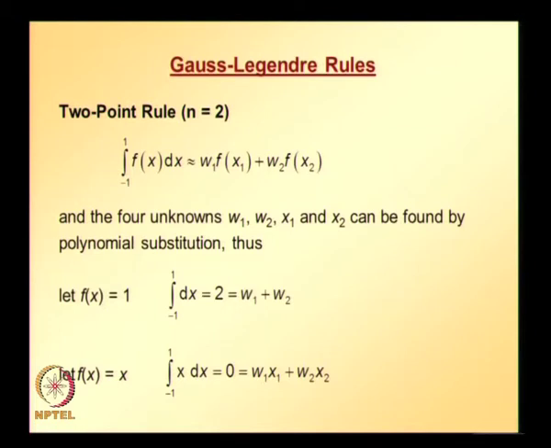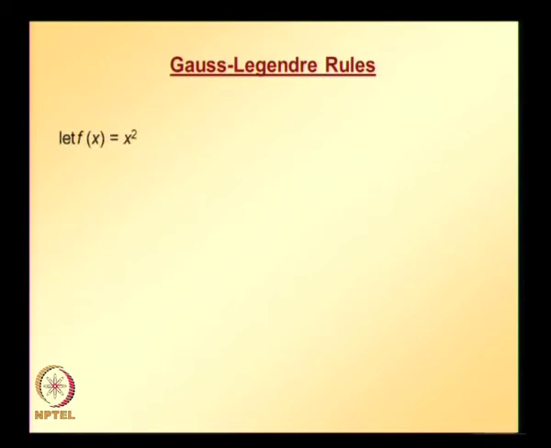So we get this equation: 0 is equal to w1 x1 plus w2 x2. Let f(x) is equal to x square. Again, x square is an even function, and integrating this over a symmetrical domain results in a non-zero value, which is going to be 2 over 3, and the function evaluated at x1 is going to be x1 square, and at x2 is going to be x2 square.